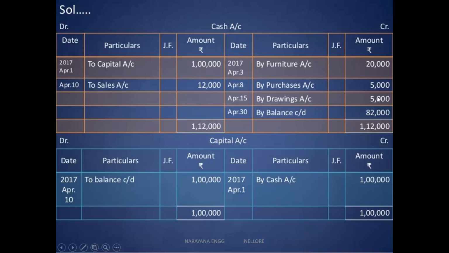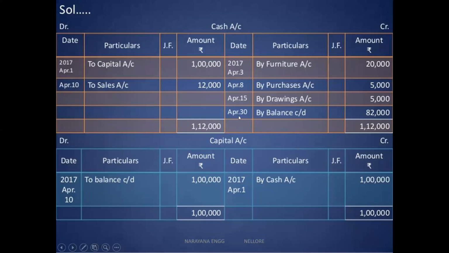Here 30,000 is there, and you can see the difference between this amount and the added amount. So 1 lakh 12,000 minus 30,000 is equal to 82,000. So the credit side balance is 82,000.